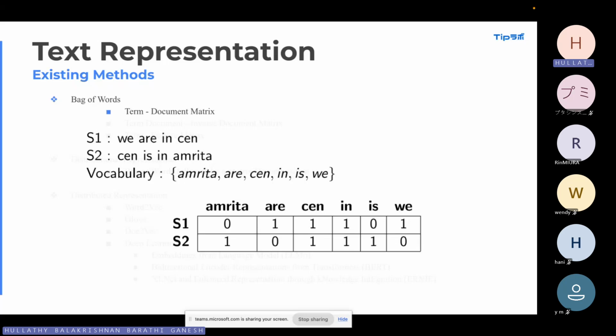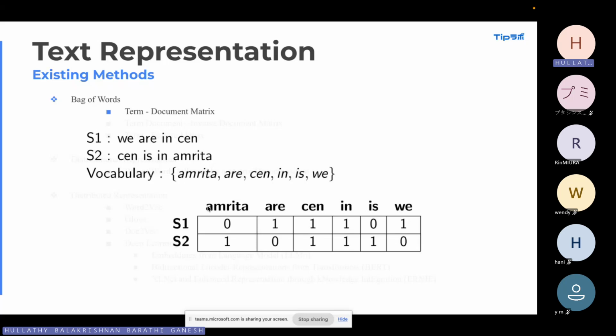Usually in this type of matrix, these stop words will get more weightage, but the content words won't have more weightage, they will have less weightage. So when we do some specific task, it won't perform better.